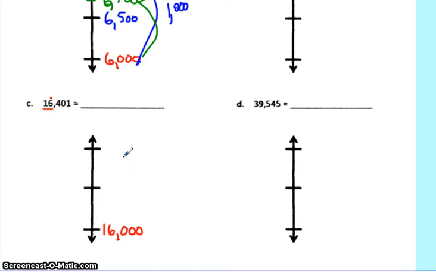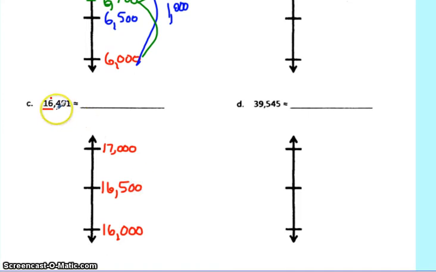Now, if we're counting by 1,000s, what would be the next thousand? So, of course, if we're counting by 1,000, that would be 16,000, 17,000. All right. So again, we have a distance of 1,000. So in between, our halfway point or midpoint would be 16,500. Now we can place this number.